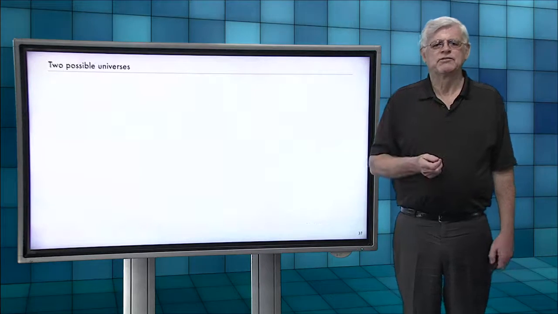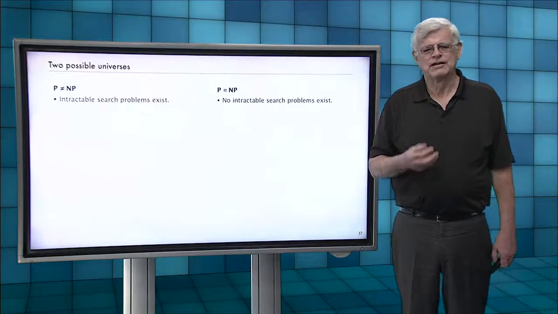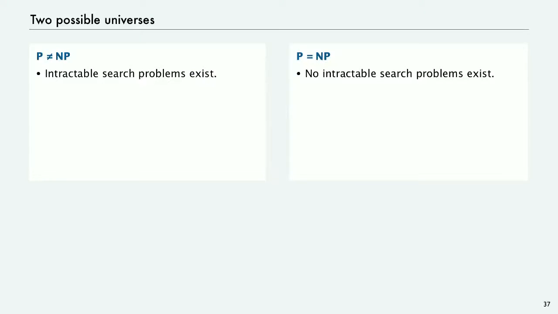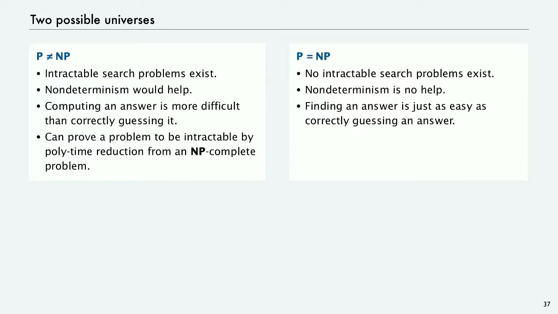So NP completeness adds to our universes in the following way. If P is not equal to NP, then there's some intractable problems. If it's equal, there's no such thing. Non-determinism would help. If it's equal, non-determinism no help. And again, these are the different formulations that we looked at. If P equals NP, it's no harder to find an answer than to just guess it. And if P equals NP, then there's guaranteed polynomial time algorithms for all the problems in NP.